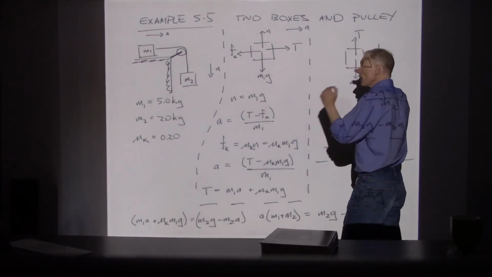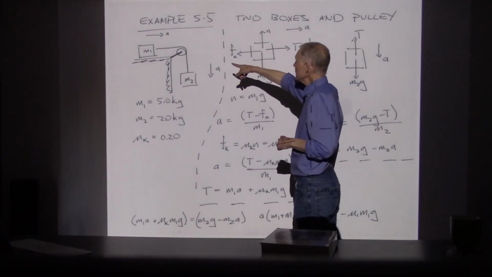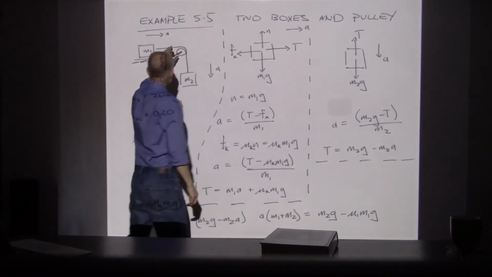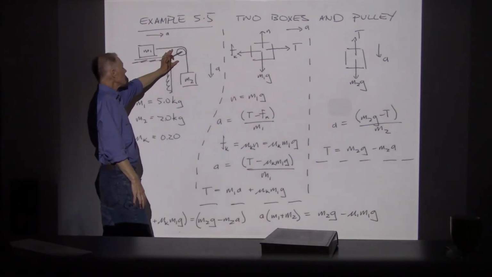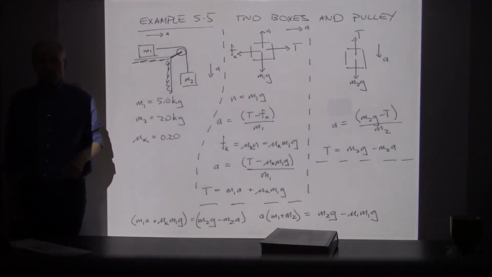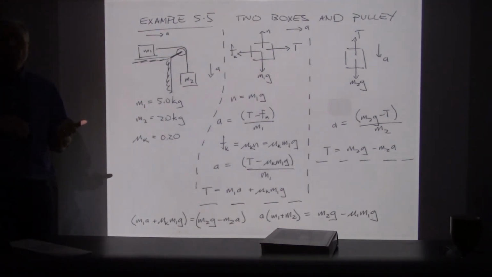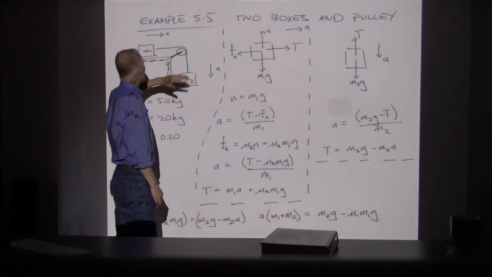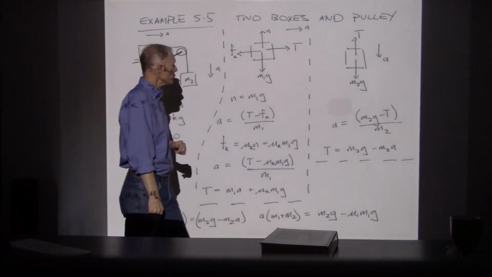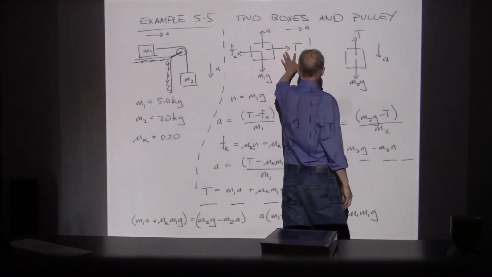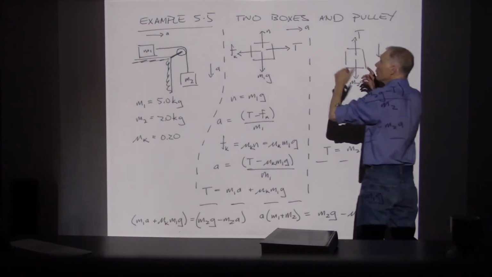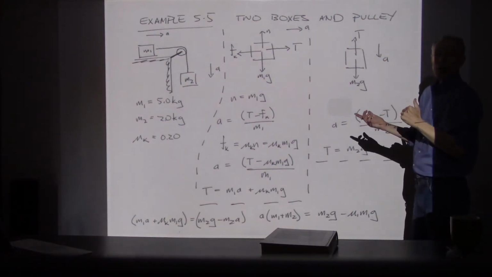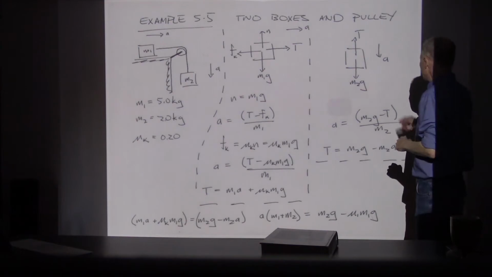That's going to be the case until chapter 10, where we take into account the effect of the pulley. Even then, sometimes we'll include the mass of the pulley, other times we'll say it's a small effect. So for right now, the pulleys are all massless. They don't create any inertia for us, and so the tensions are the same on one side of the pulley as on the other.